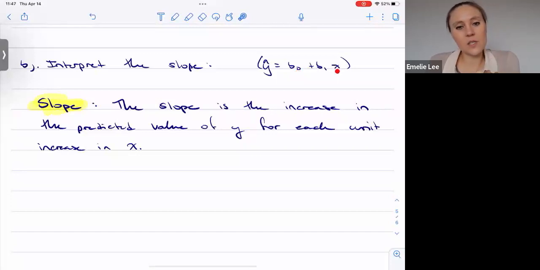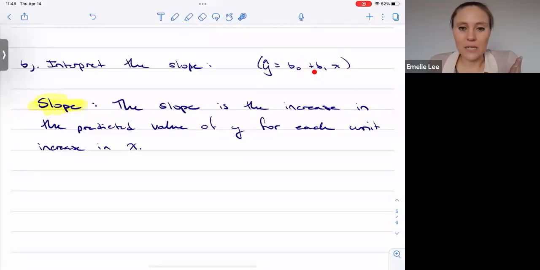So if x goes from 1 to 2, you can find the predicted value of y when x is 1, write that down, and then find the predicted value when x is 2, and what you're going to find is that the predicted value of y has increased by the slope amount.